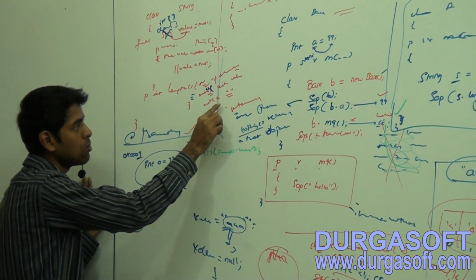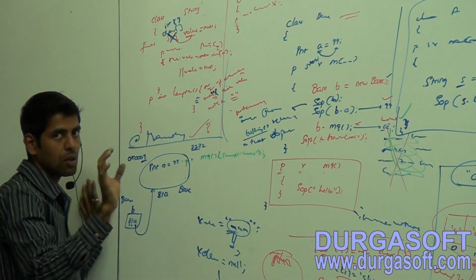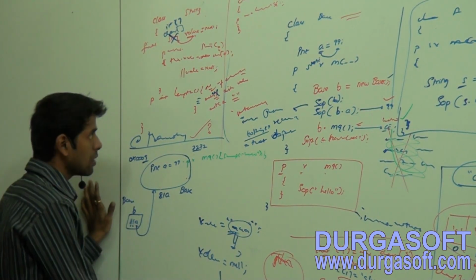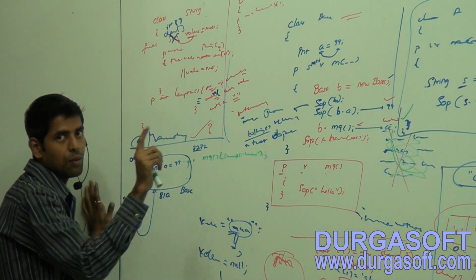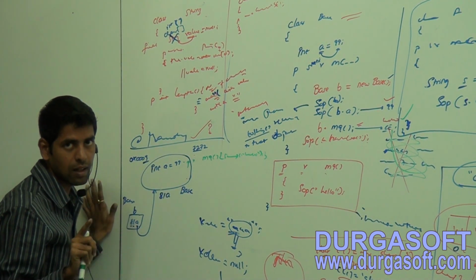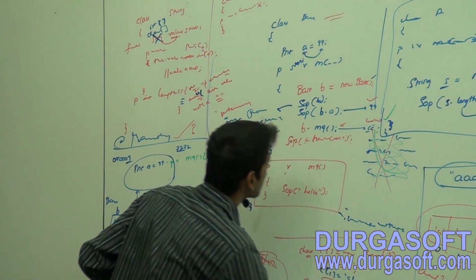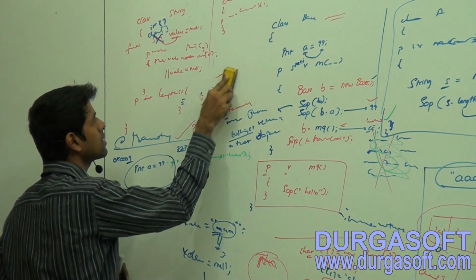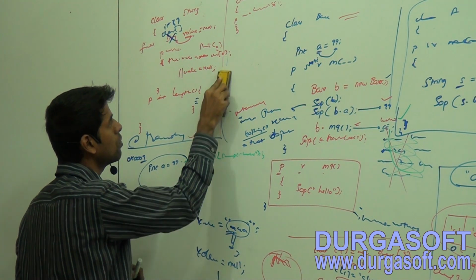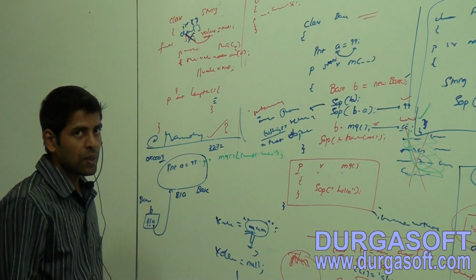Now I want to modify this one a little, but the concept is the same. Observe, this length method has logic to return what?